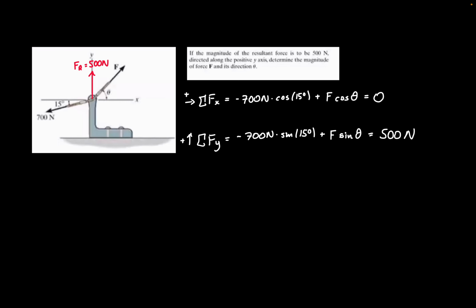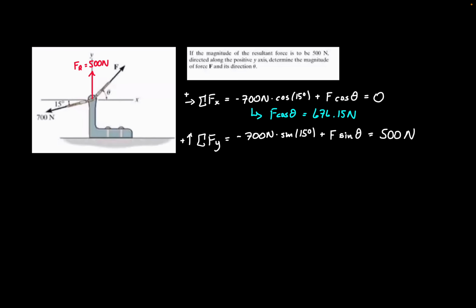Now, what we can start off doing is we can try to get our forces essentially on one side. So we can write this as, let's say, F cos theta is equal to 676.15 newtons. And that's essentially taking this negative 700 newtons times cosine 15 and simply adding that to the other side and then evaluating it.